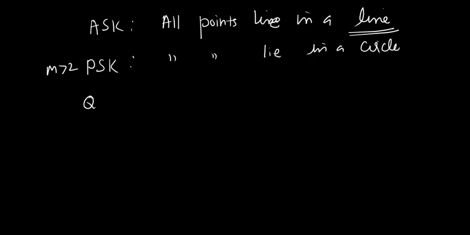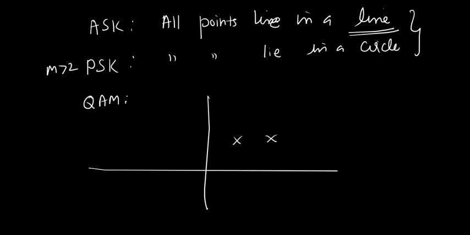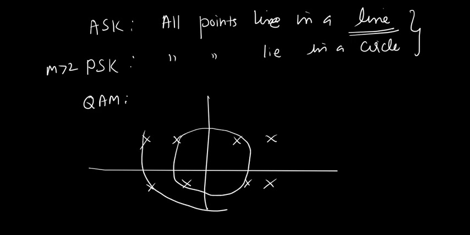Now tell me, QAM, all the points will neither lie in a circle nor lie in a line, something like this. They can lie anywhere, anyhow, right? Not anywhere anyhow, you have to design accordingly, but few of them.